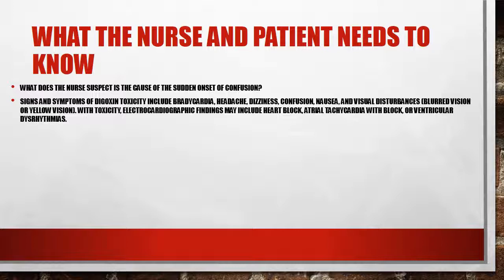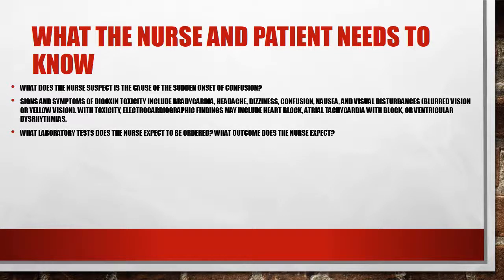EKG findings might include a heart block, atrial tachycardia with a block, or some ventricular dysrhythmias, like AFib with RVR, rapid ventricular rate. So things like that. So him seeing things weird might be an indication. Potassium is another thing.